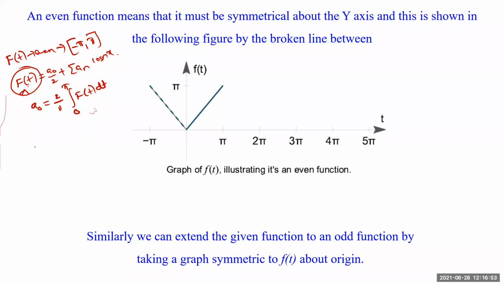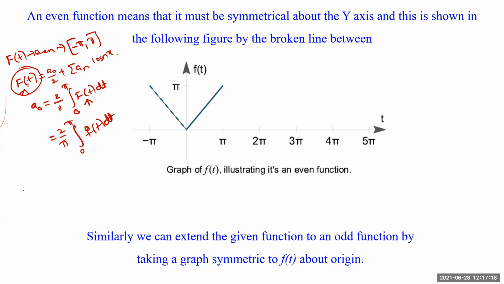Even while evaluating the integral 2 by pi into the integration from 0 to pi, this function can be written as small f of t. In fact, the definition of capital F of t itself is that it is the same as small f of t in the interval 0 to pi. So this is how you can evaluate a naught.